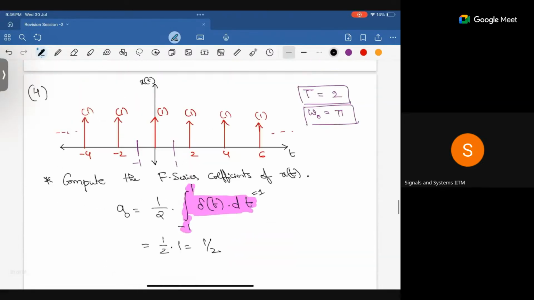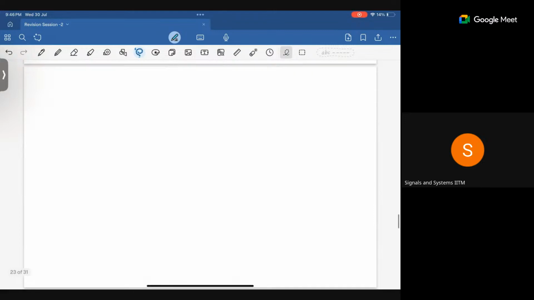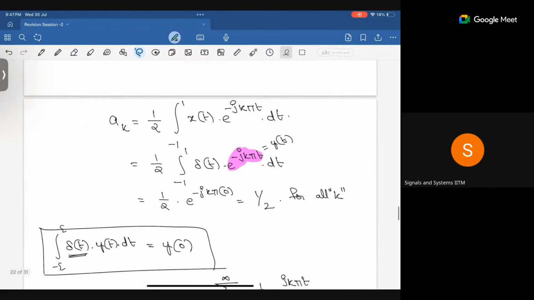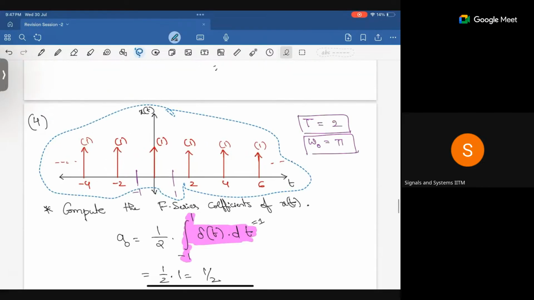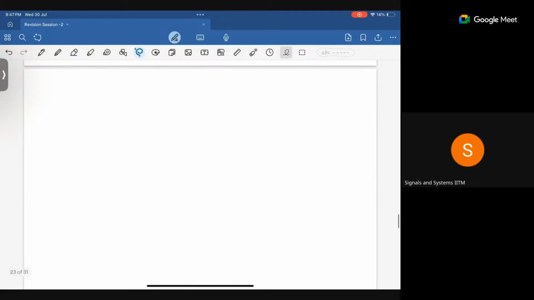And what I want you guys to try out is, here I scaled it by half. What if I scale it by something else?